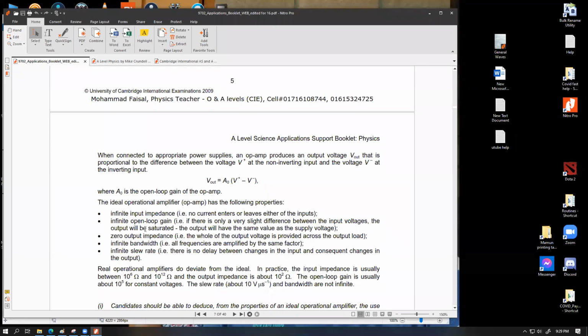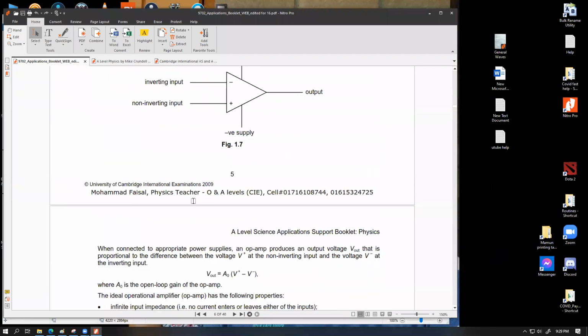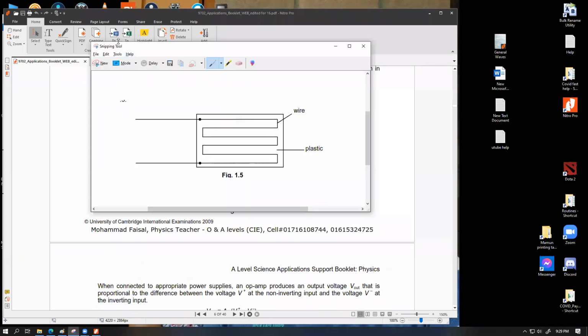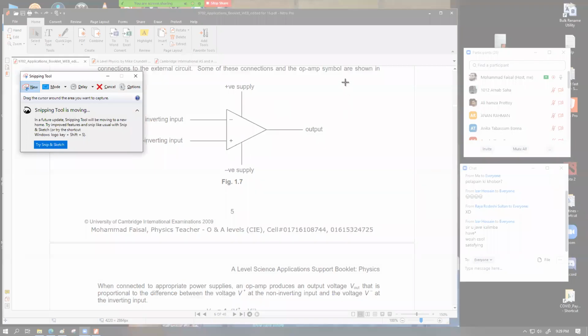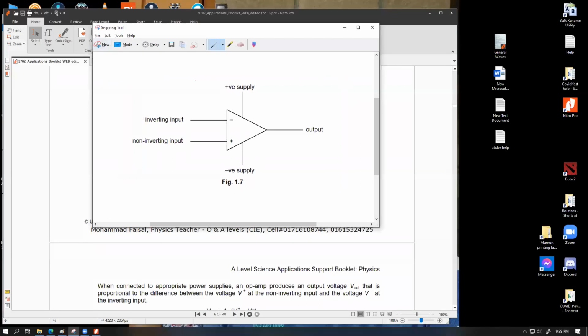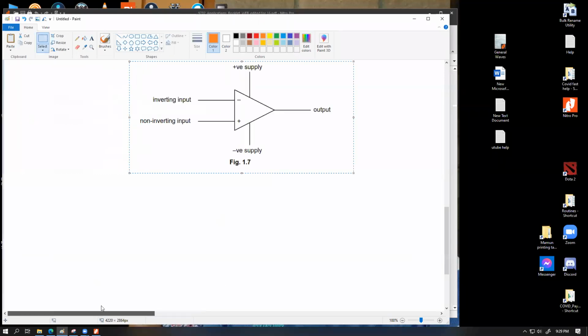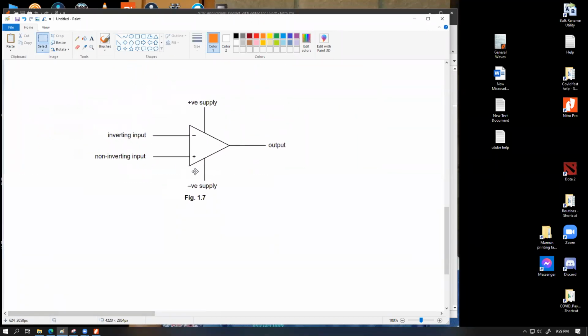Now let me explain part by part what this means. I'll draw some stuff. Actually, I can steal this figure. Why not? This is the circuit symbol for an ideal op amp. Now, what is it that I want you to understand?